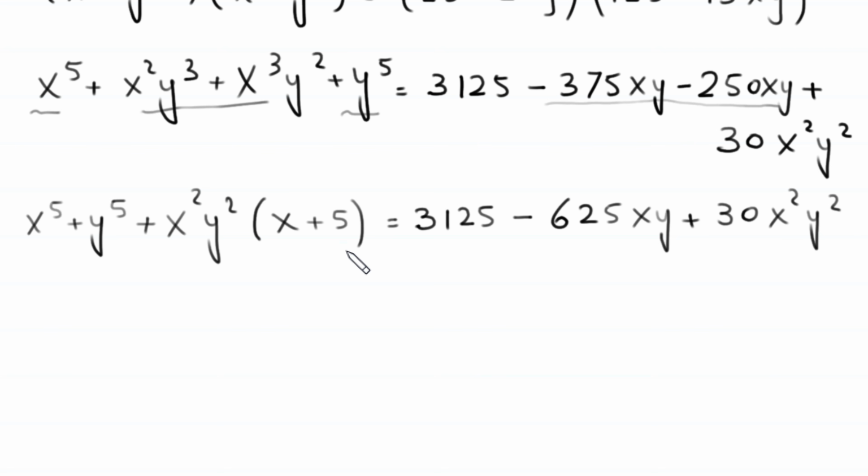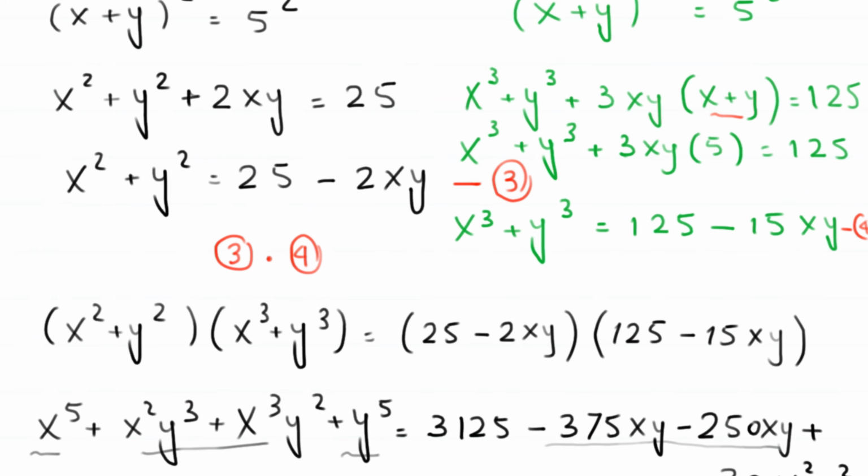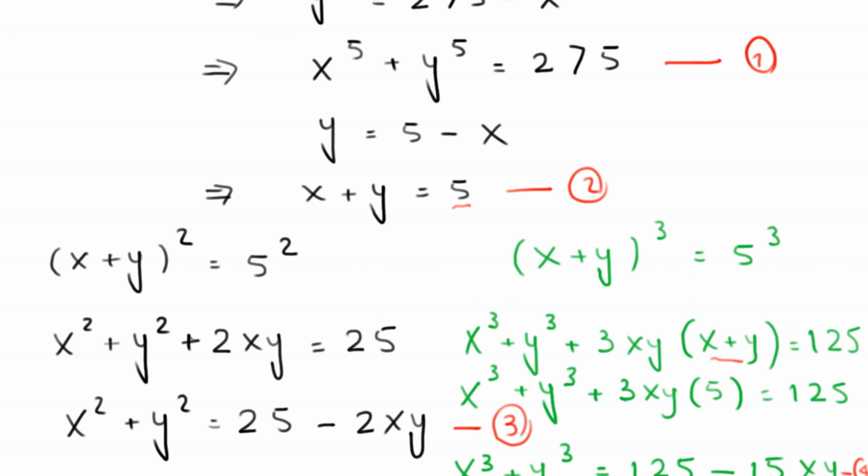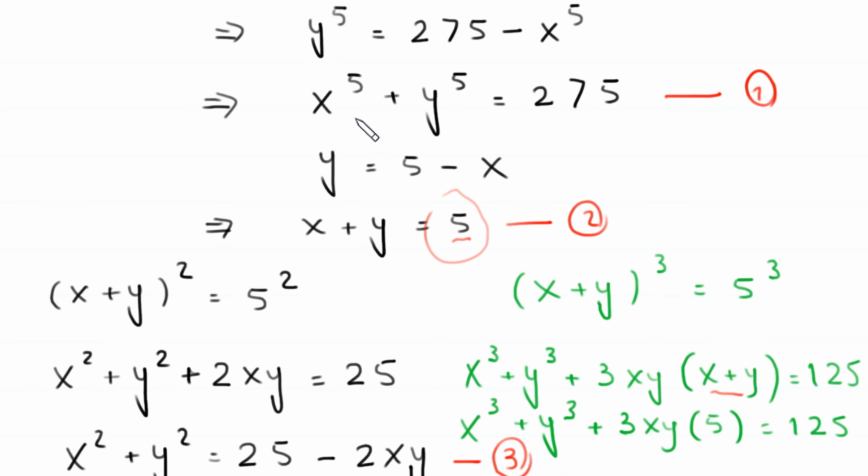Now in this equation we replace this x plus y and this x to the power 5 plus y to the power 5. x plus y equal to 5 and x to the power 5 plus y to the power 5 is 275.